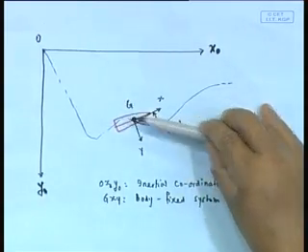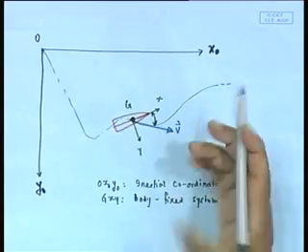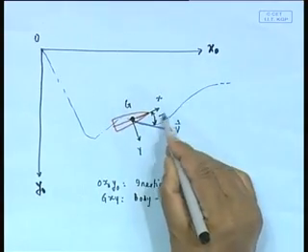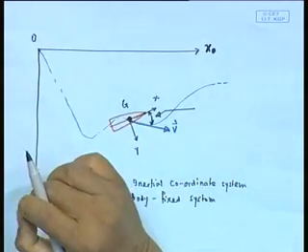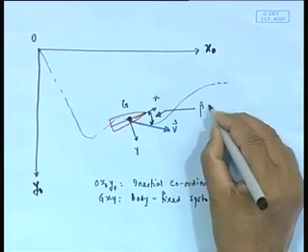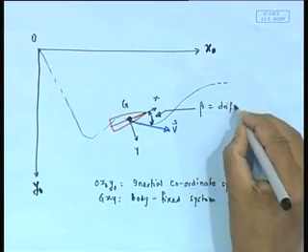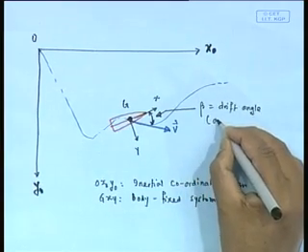If I sit here on the hull, fluid comes this way. It is the angle of attack from aerodynamics nomenclature. Here we normally call this a drift angle. This is actually the same as angle of attack.